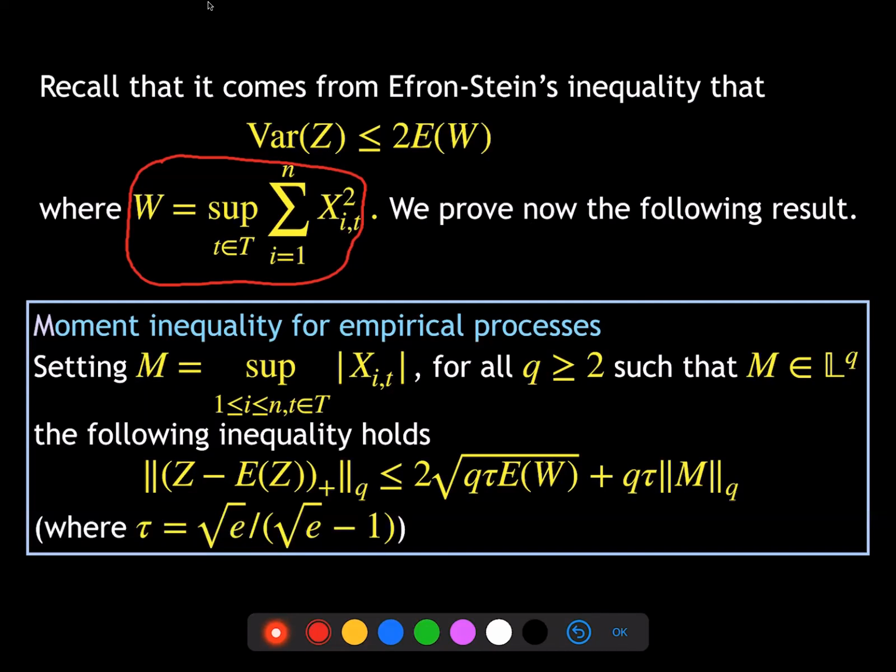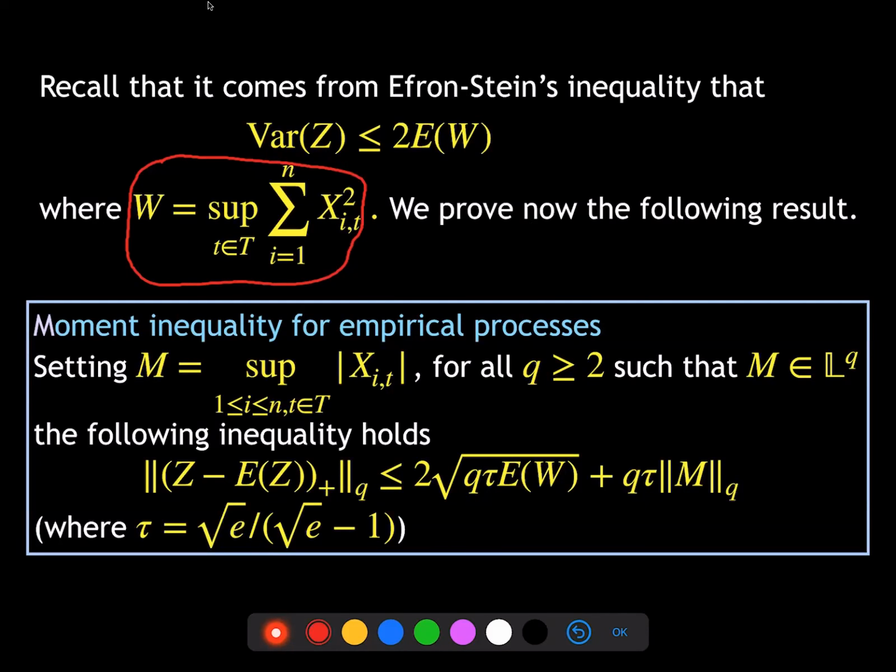So this will play the role of a constant in the case where you look at Lagrange inequality. In the case of Lagrange inequality, this M was bounded by 1. But here you no longer use the fact that it is bounded by 1. It is what it is, and you relate the Lq moment for the difference between Z and its expectation and this quantity here, which is the Lq moment of the sup of the variables. So you get this.